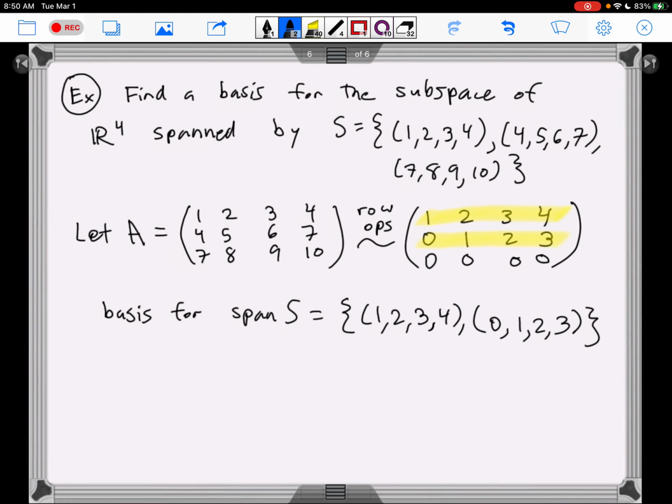Now, we haven't talked about column space, but here's the really nice thing.